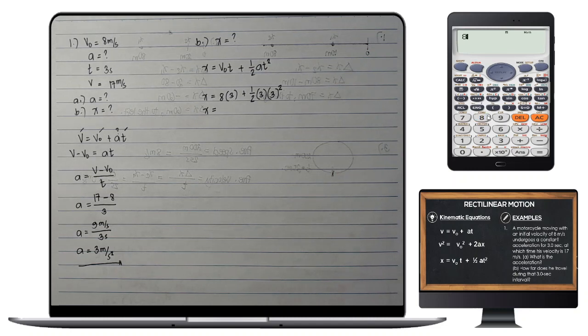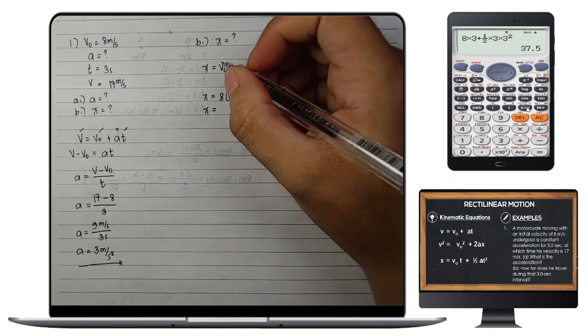So x natin, that is simply 8 times 3 plus 1 half, so 1 half a, that is 3 times 3 square, equals, so that is 75 over 2 or 37.5.